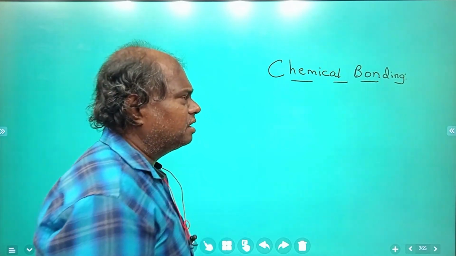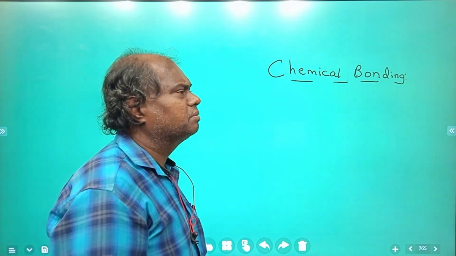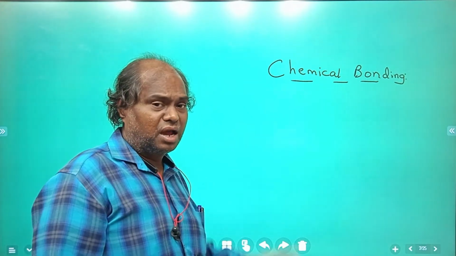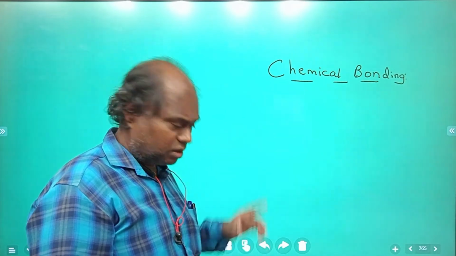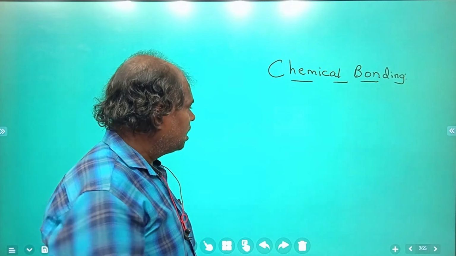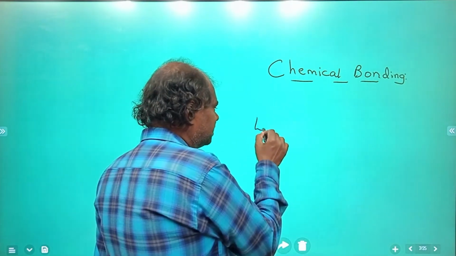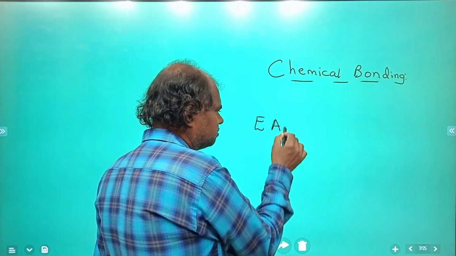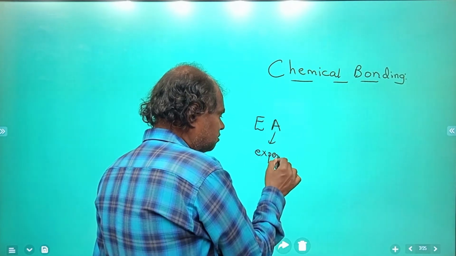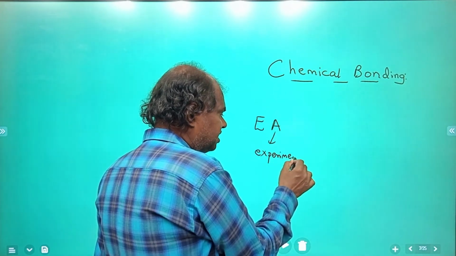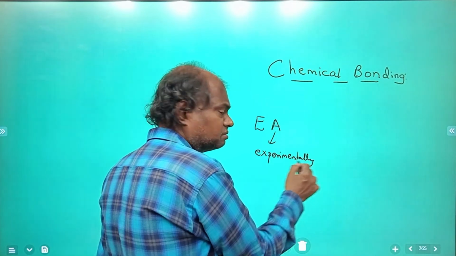In the periodic table, I'm again repeating, you will get questions on ionization energy and electron affinity. That's very important. One more thing I forgot before we come to chemical bonding. Electron affinity is measured experimentally. Remember, it is the energy released when you accept an electron.